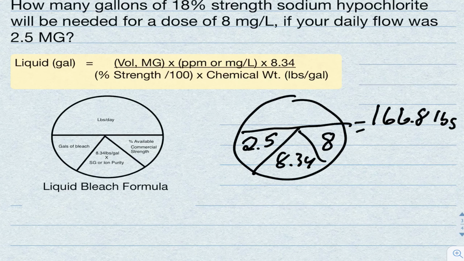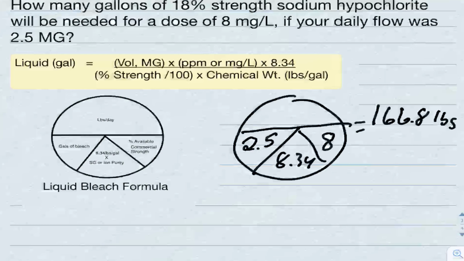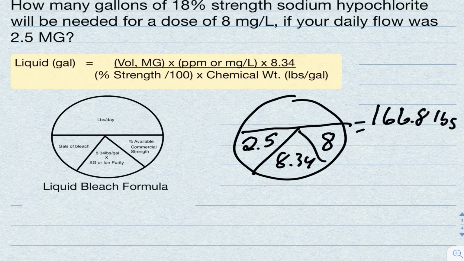Now we must divide that by 8.34. And then as well, divide that by 0.18 because of our 18% strength right here.